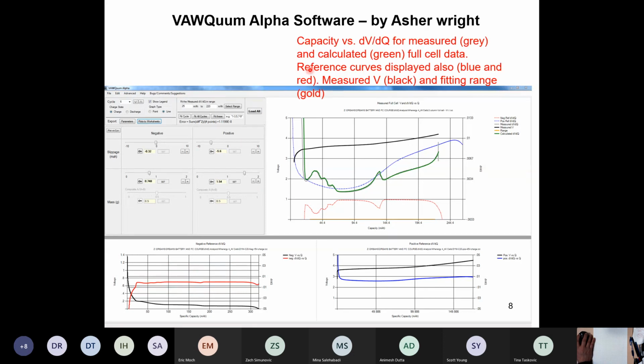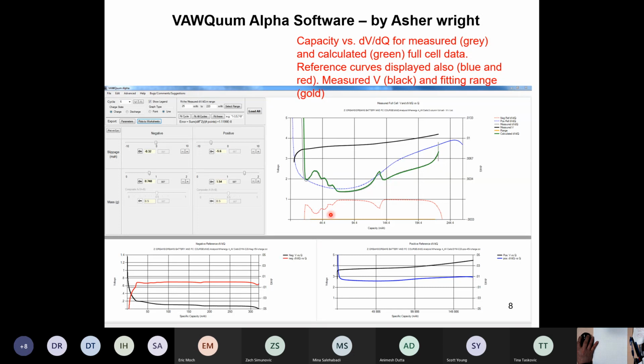Then the program will take the measured dVdq versus Q, that's the gray curve that you can see here, and the calculated full cell data, which is the green curve you can see here. The reference curves are also displayed, blue for the positive and red for the negative. And the measured voltage curve of the full cell is also displayed up above.